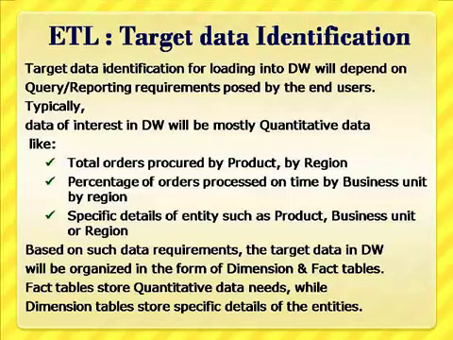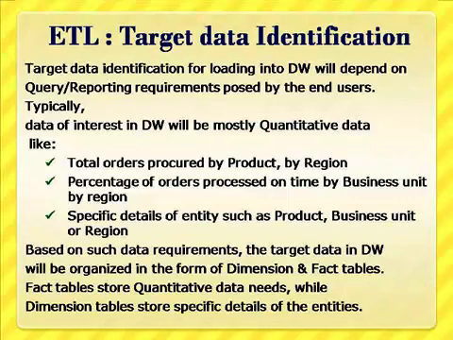Based on such data requirements, the target data in the data warehouse will be organized in the form of dimension and fact tables. If you see the first two points, that is, the total orders procured by product or by region, or the percentage of orders processed on time by business unit and by region, this is basically summary information, which is available in fact tables.